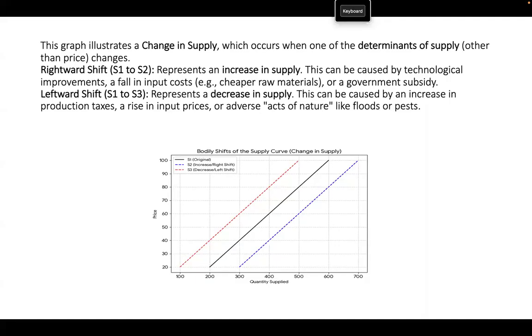We are saying that when price is fixed, any changes in the other factors, with the exception of price, will cause the demand curve to shift.